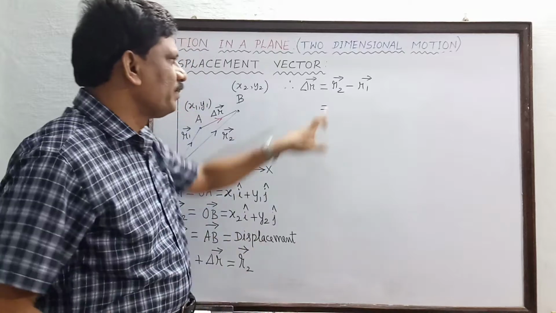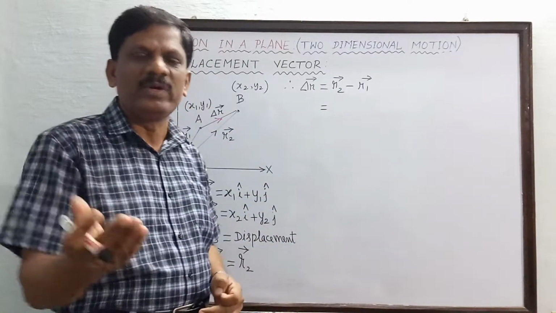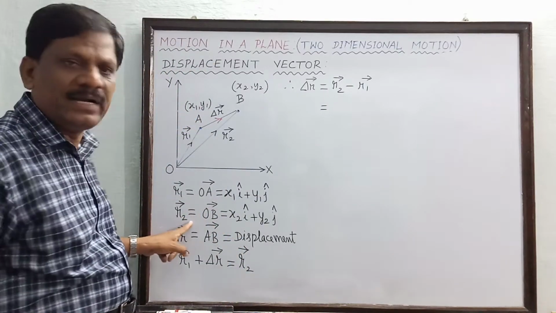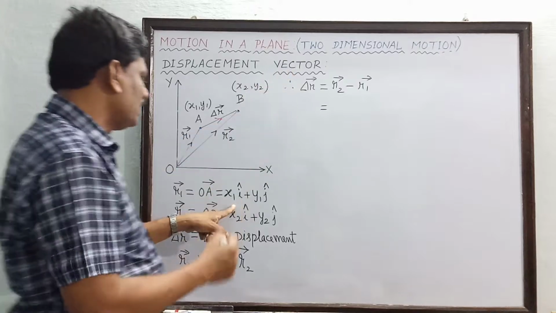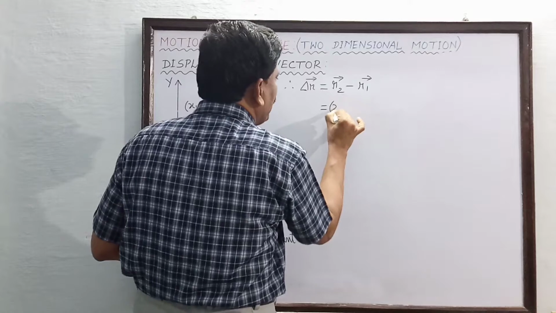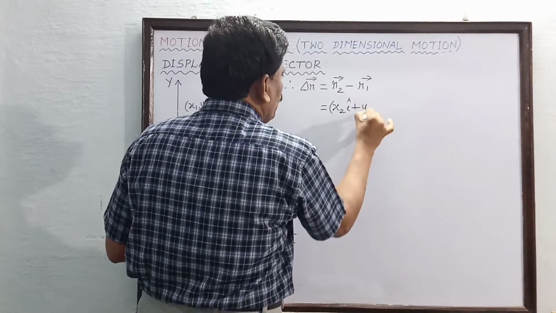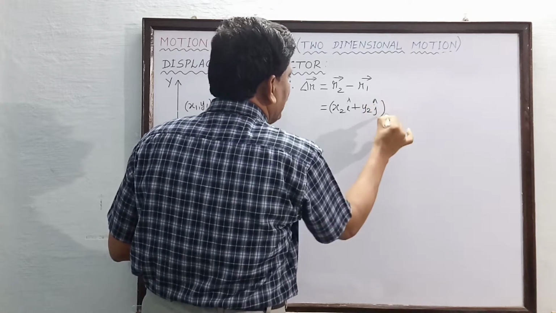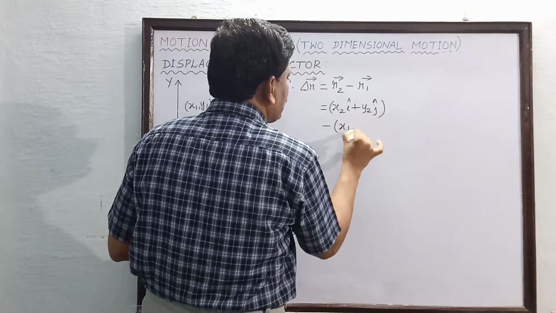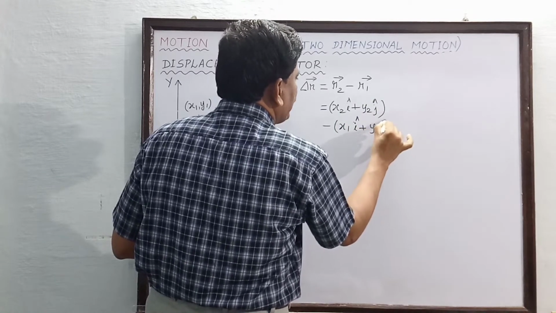Now I am going to express R2 vector and R1 vector in component form, that is x1, y1, x2, y2 form. Already we have written expressions for R1 and R2 vector, so I am going to substitute there. R2 is x2 i cap plus y2 j cap, minus x1 i cap plus y1 j cap.